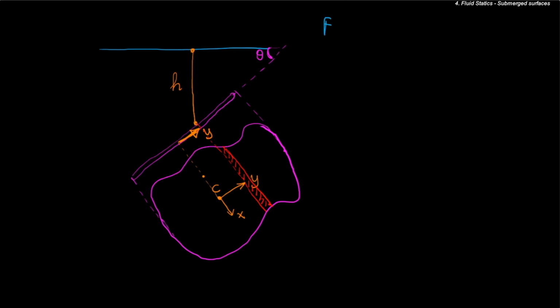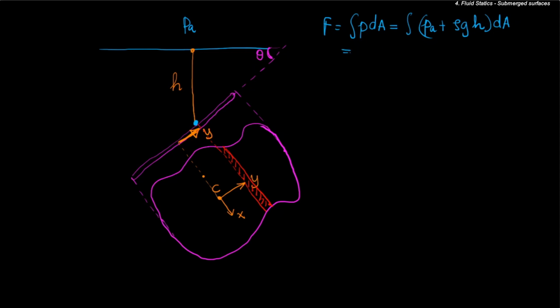So the force is equal to the integral of P dA, and the pressure at this particular point is equal to the atmospheric pressure plus rho g h. So this can be simplified as the integral of (P atmosphere plus rho g h) dA.